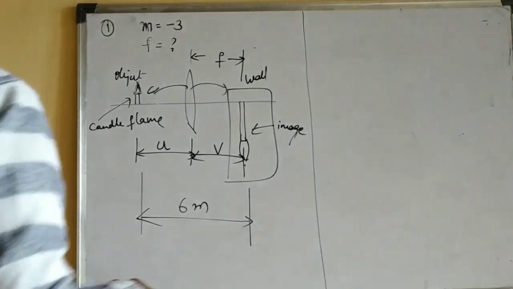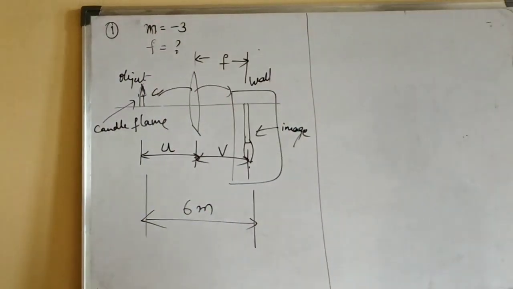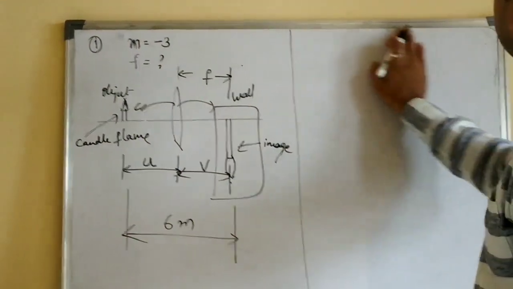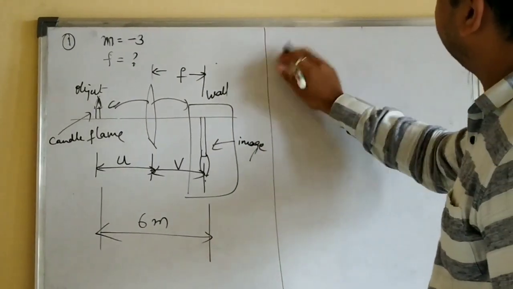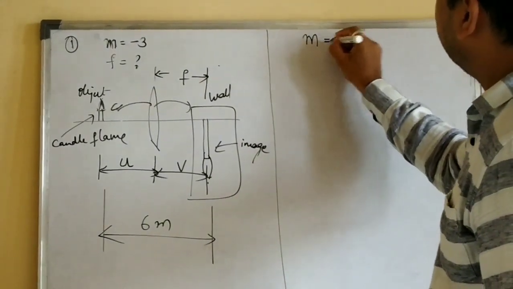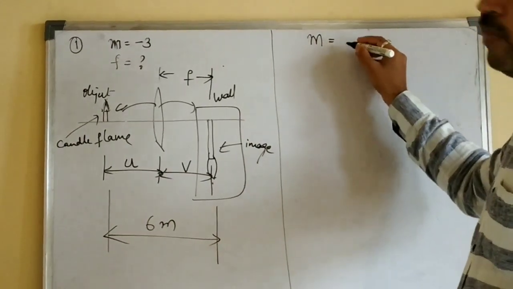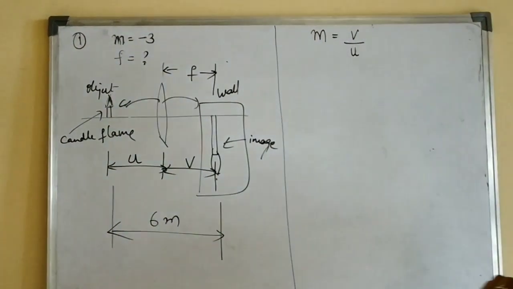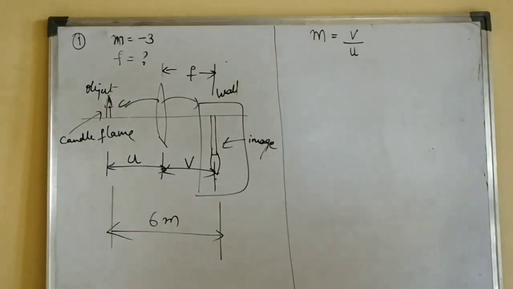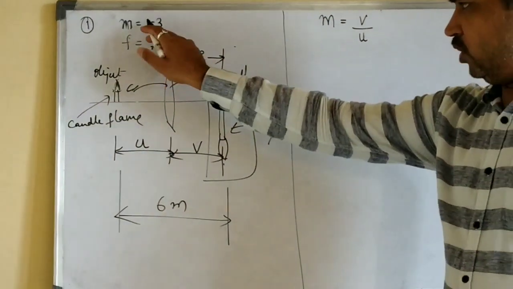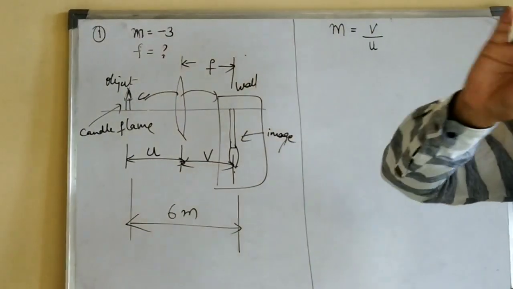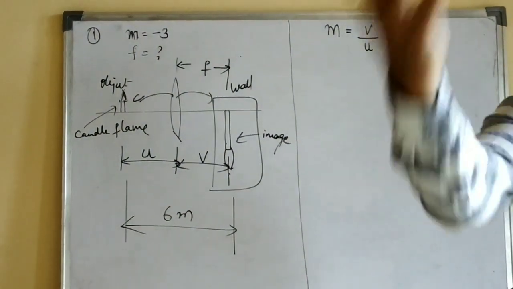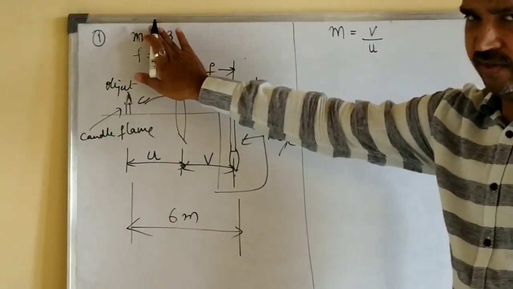Now see here. Magnification is given. Now we know that the magnification factor m is given by h2 by h1, or it is also given by v by u. Don't take the negative sign, take only the magnification, which is 3 times. Why?